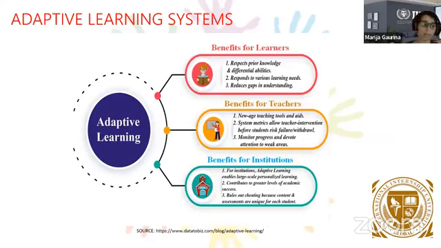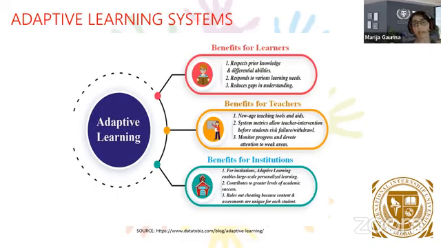Adaptive learning systems are powerful tools for enhancing the learning experience, providing students with personalized, data-driven instruction. These systems use data analytics and machine learning algorithms to analyze students' performance and provide personalized feedback and instruction, allowing students to learn at their own pace and according to their individual needs.